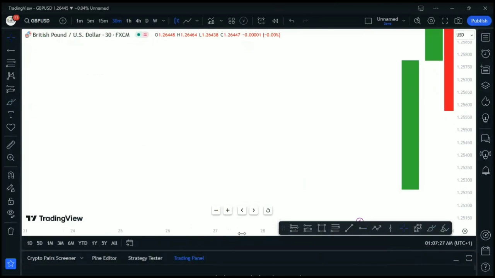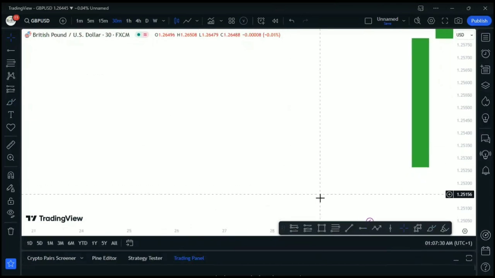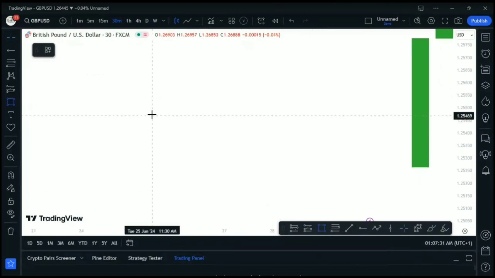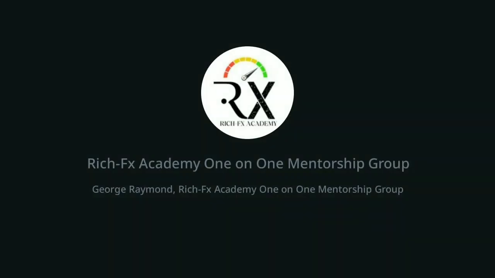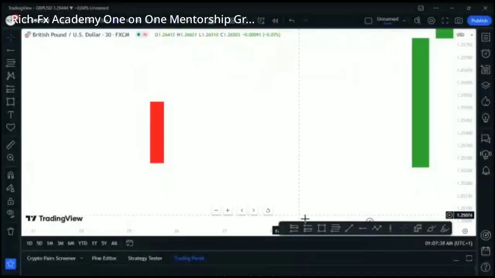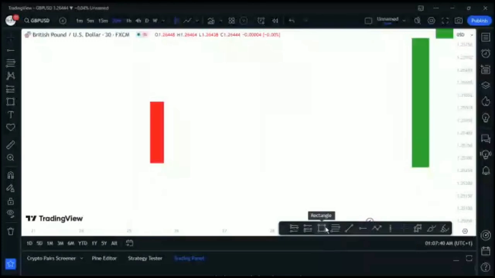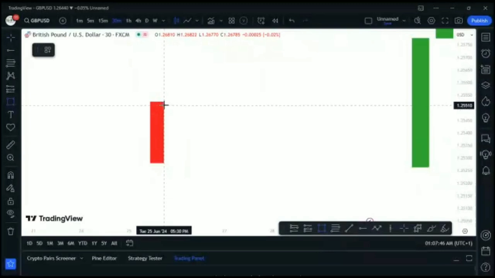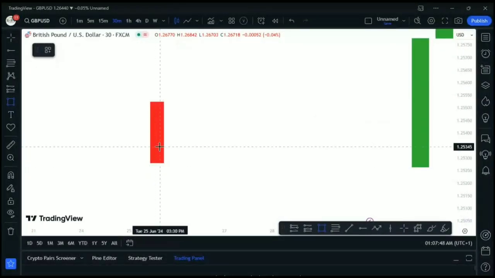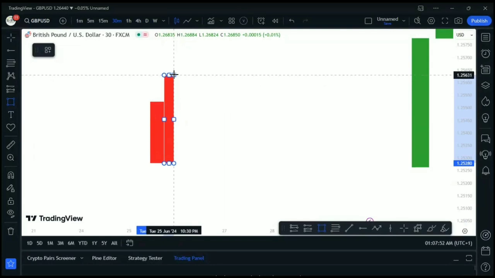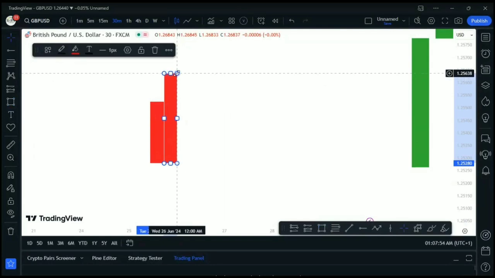So let's say, for instance, that we have a bearish candle at this point. I want you to understand how the wicks come about, and then we have a bullish candle at this point.